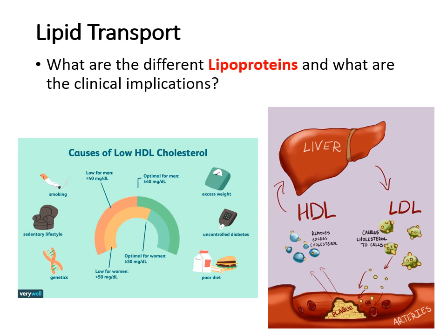So VLDLs for very low density lipoproteins, IDLs, which are intermediate density lipoproteins, LDLs, which are low density lipoproteins, and HDLs, which are high density lipoproteins. And we're going to focus on HDL and LDL, because these are the two that play major roles in terms of your health, specifically your heart health.